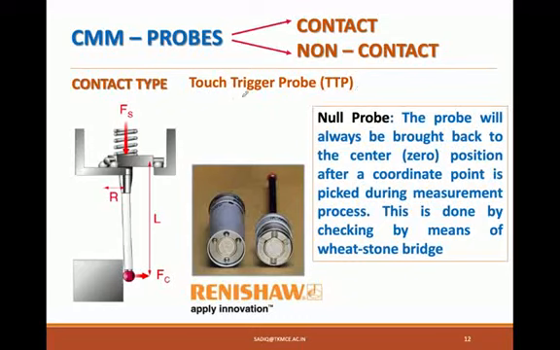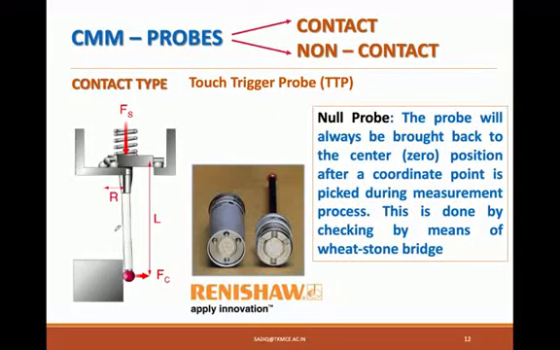Touch trigger probe means, when the stylus comes in contact with the workpiece, during the hitting process, though it is a mild contact with the workpiece, the stylus will be tilted.